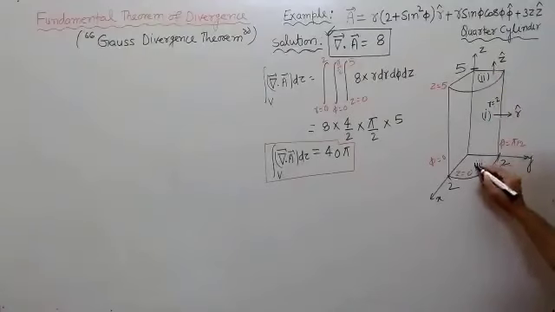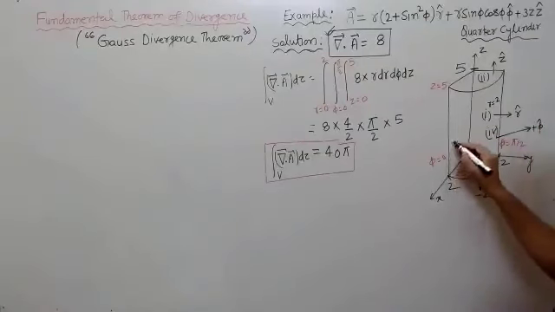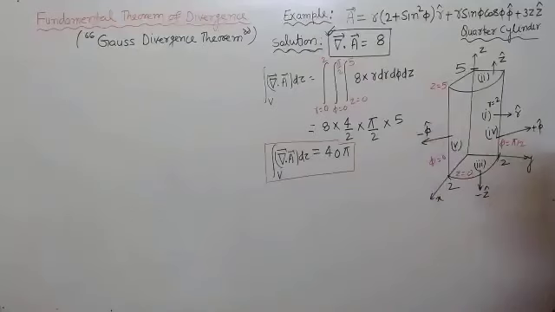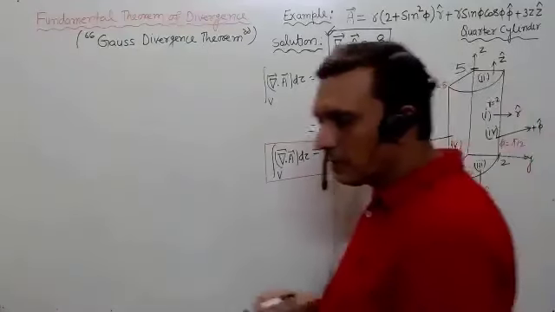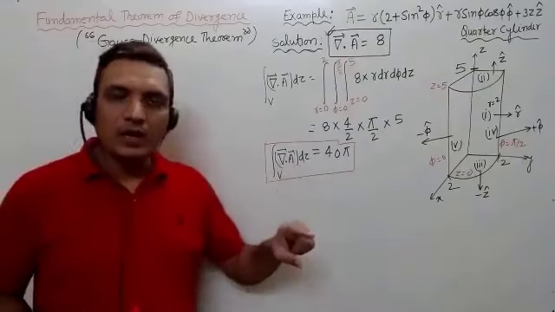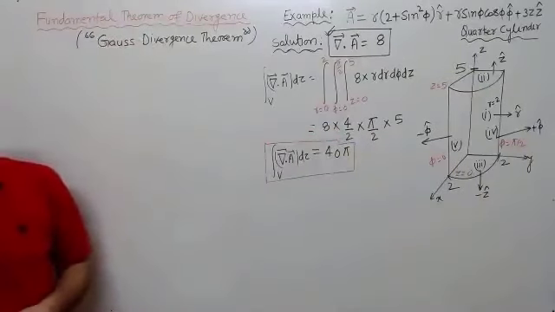Surface 3, z is equal to 0, direction is minus z cap. Surface 4, phi is pi by 2, so this direction is plus phi cap. And surface 5, phi is equal to 0, this direction is minus phi cap. So now find out surface integral on each surface. You have to write dA vector, take A dot dA and then integrate. Please try.